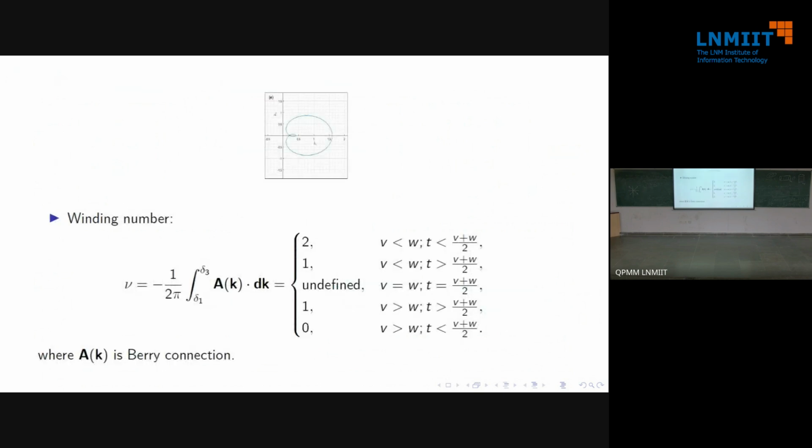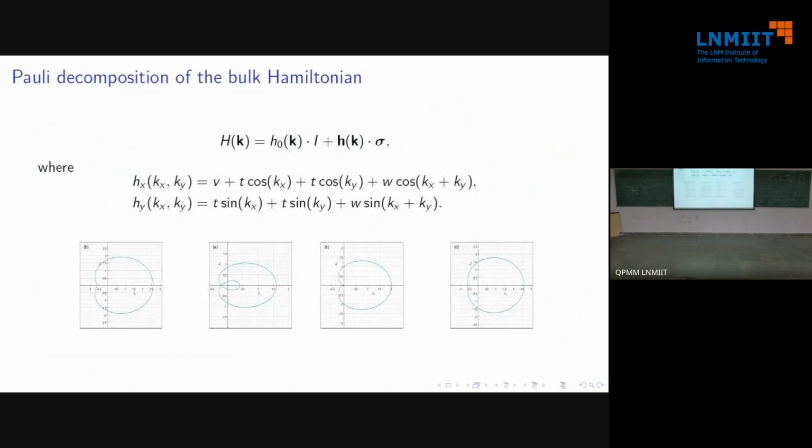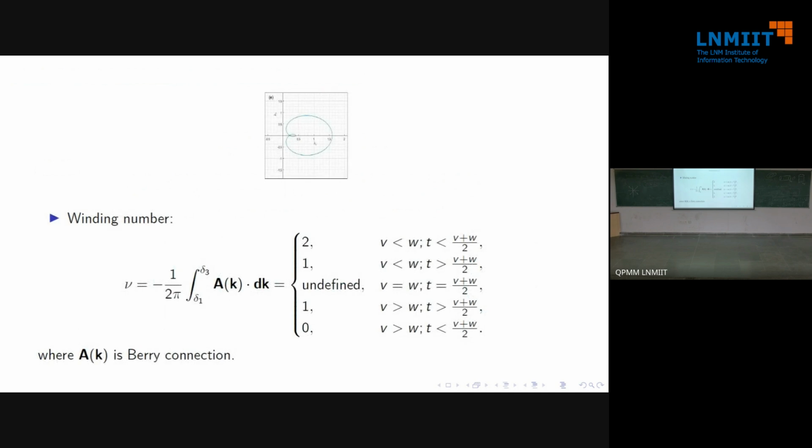What is the x-axis, y-axis? Sir, Hx and Hy, the coefficients of the Pauli matrices. So the square root of Hx squared plus Hy squared is the energy. That is a constant energy curve.